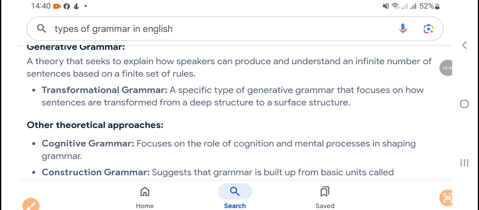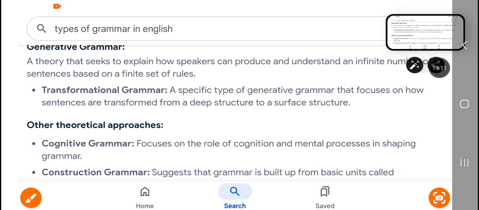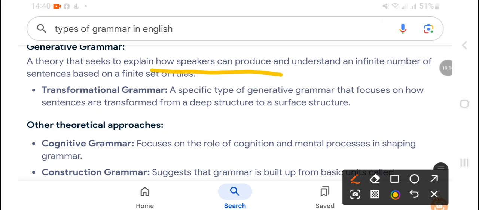A theory that seeks to explain how speakers can produce and understand an infinite number of sentences based on a finite set of rules, right?